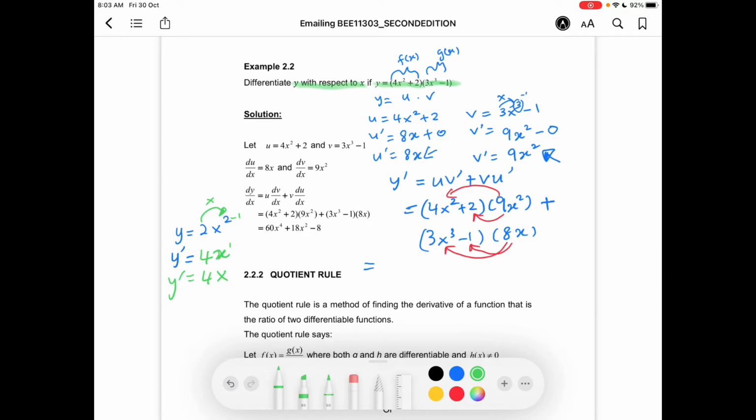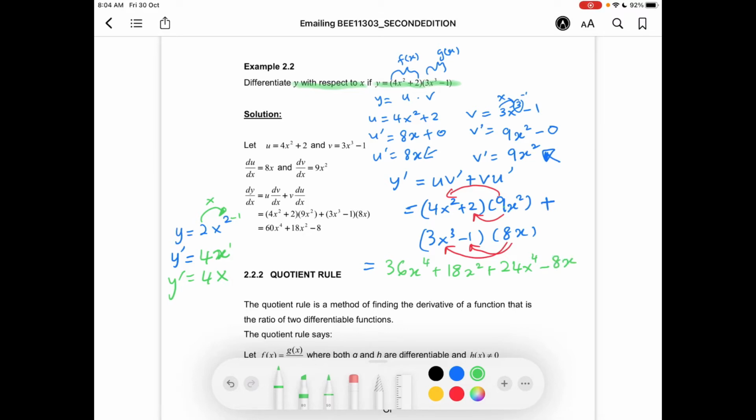alright, 9 times 4 is 36x to the power of 4, plus 9 times 2 is 18x squared, plus 8x, plus 3x cubed times 8x, you'll get 24x to the power of 4, and minus 1 times 8x is minus 8x.